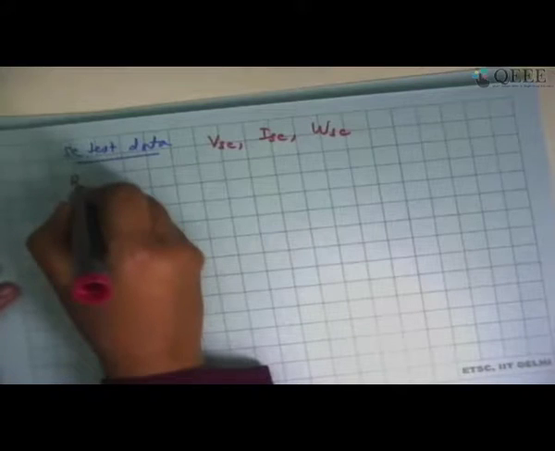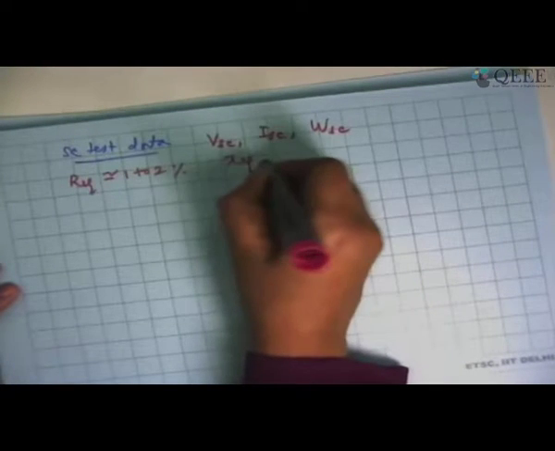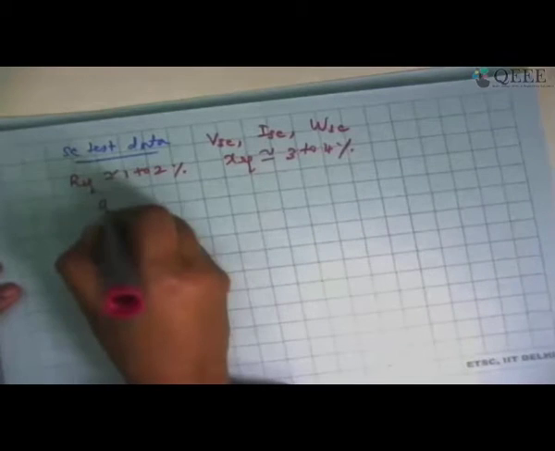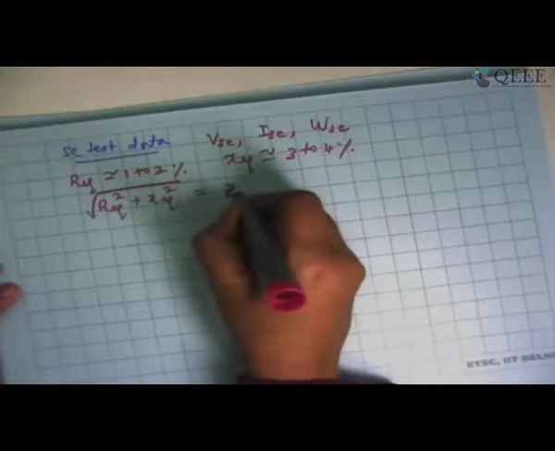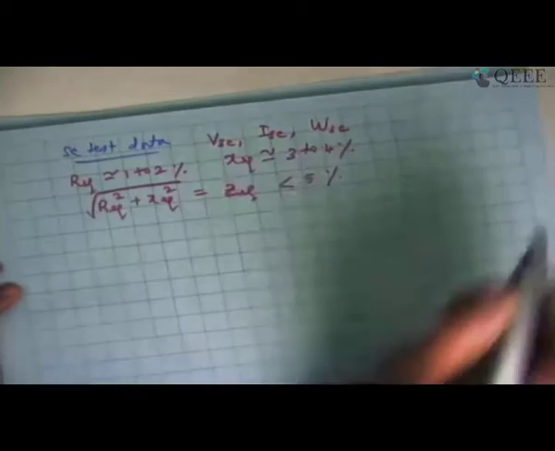And the voltage normally, because we said R equivalent is only approximately 1 to 2% and X equivalent is approximately 3 to 4%, square root of R equivalent square plus X equivalent square will be Z equivalent. That will be less than generally 5% at any rate.